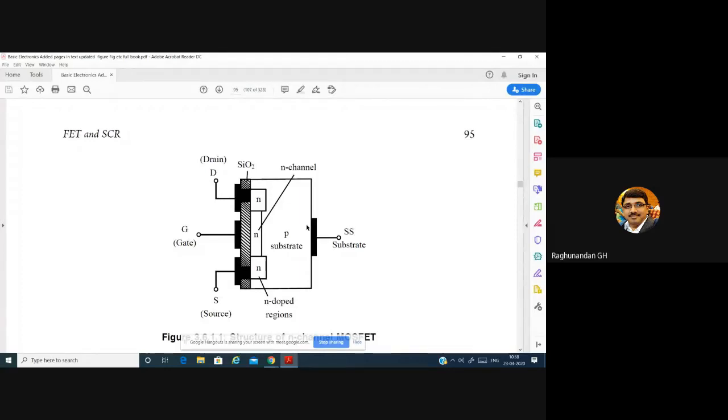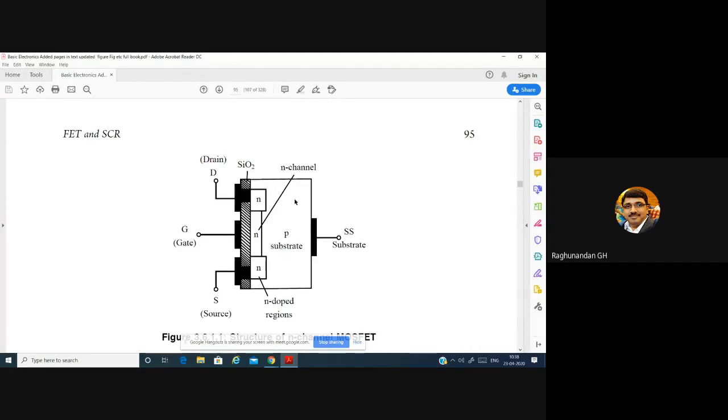So here we take a P-type substrate. Substrate means it is not going to take part in any conduction process. It is nowhere concerned with the movement of charges, so it is not going to disturb anything. It is just a base which we are taking.